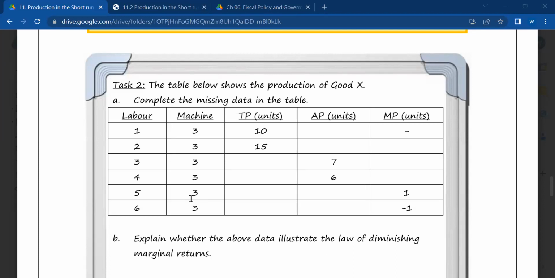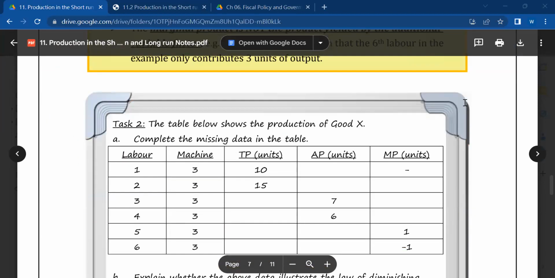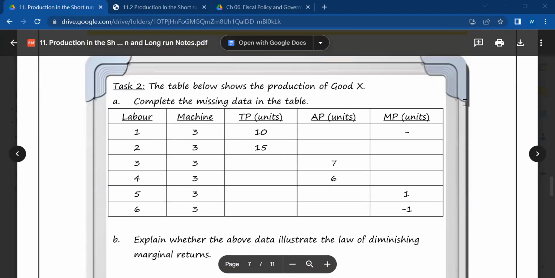We are talking about the notes, page 7. Okay, time's up. So let's check the answer together.